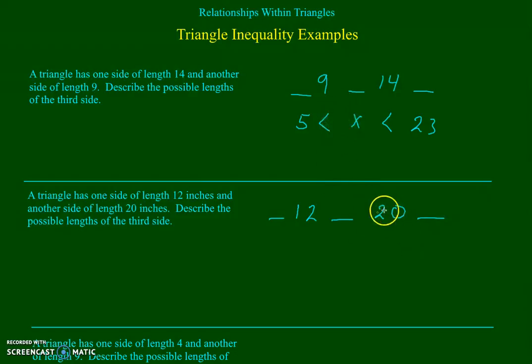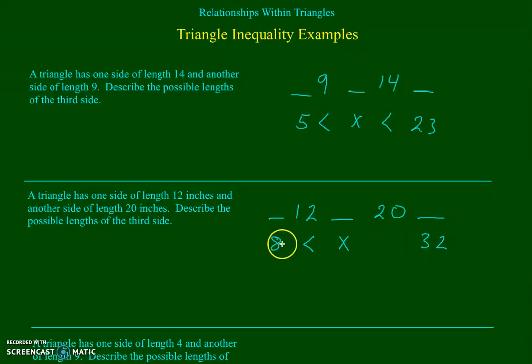We're going to take the biggest number and subtract the smallest number from it. So 20 minus 12 gives us 8. And 20 plus 12 gives us 32. So we know that whatever value we pick for x, it's going to have to be greater than 8 because 12 plus 8 is equal to 20.